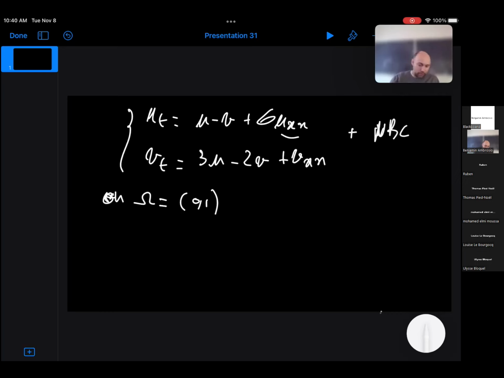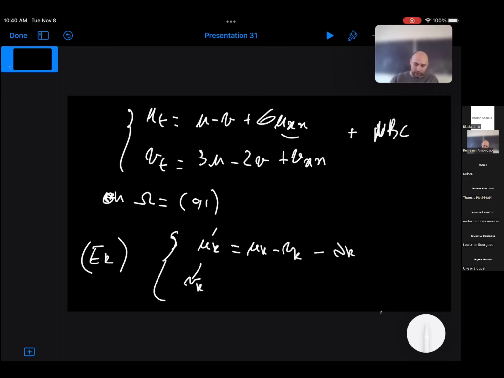From that we obtained an infinite system of 2D linear systems, which write UK prime, VK prime equals UK minus VK minus lambda K sigma UK, and 3 UK minus 2 VK minus lambda K VK.